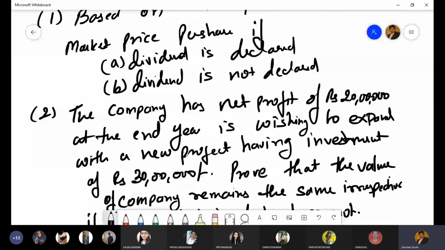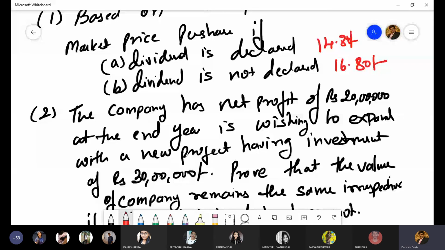How much is the price when dividend is declared and dividend is not declared? Can you give me these answers? When declared, it is 14.8. Not declared is 16.8. Okay.